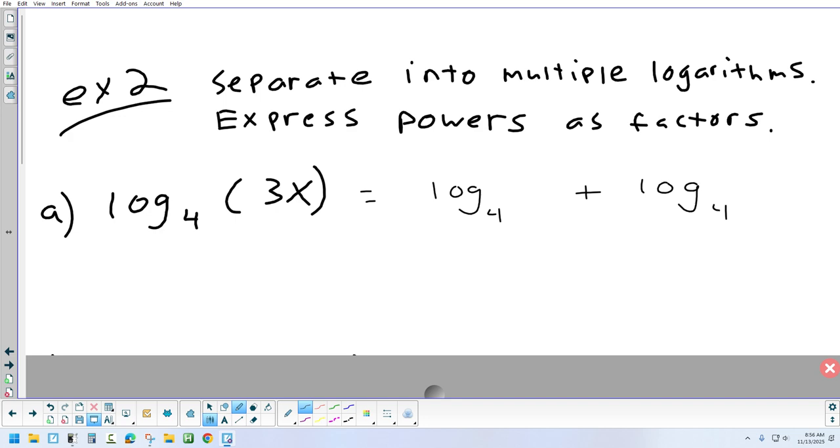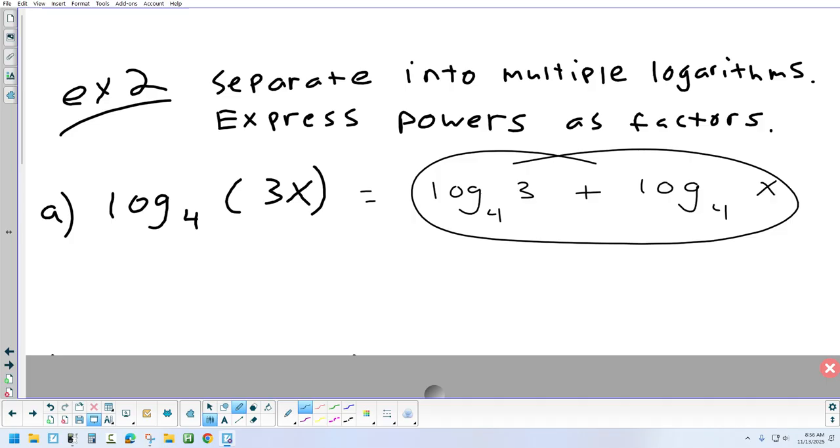What's going to be the argument to my first log? Yep, 3. And the argument to my second log? X. Good. And that's it. That's how you would take what I've given you in example A and split it into 2 logs.